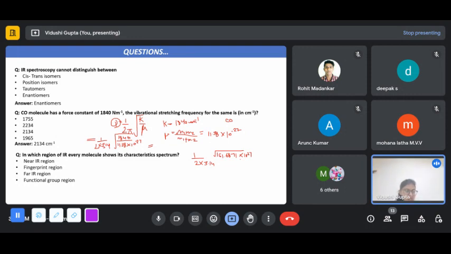It will be approximately 12.71. 12.71 divided by 6.28 will be approximately 2.02.